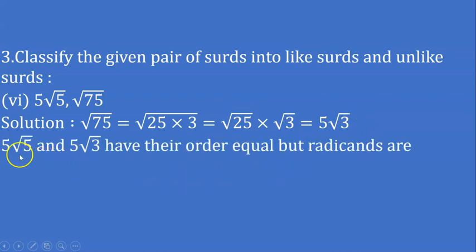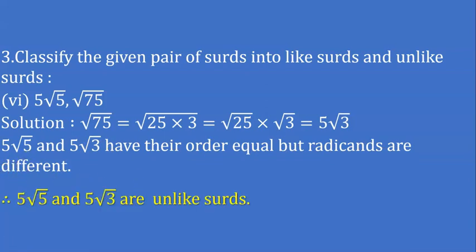And therefore, 5 root 5 and 5 root 3 have equal order, but the radicands are different. Therefore, 5 root 5 and 5 root 3 are unlike surds. 5 root 3 means root of 75.